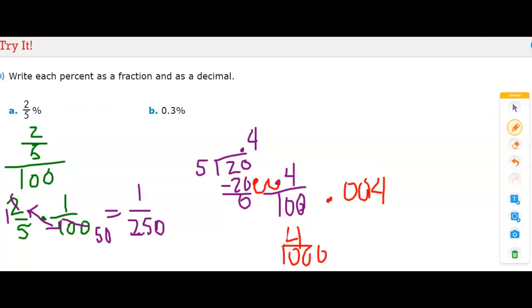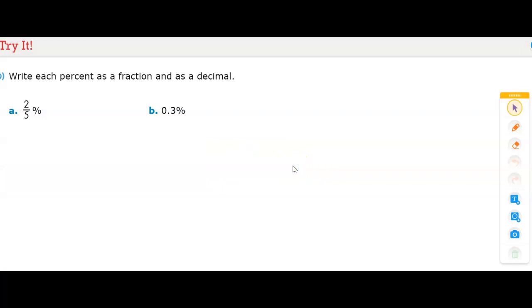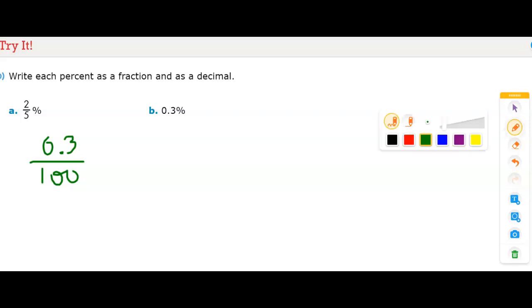Now let's look at B, which is a decimal percent. So now we're starting with a decimal percentage. So we have 0.3%. That's going to be over 100. And because we're starting with a decimal as the percentage, we're going to move the decimal to the left.